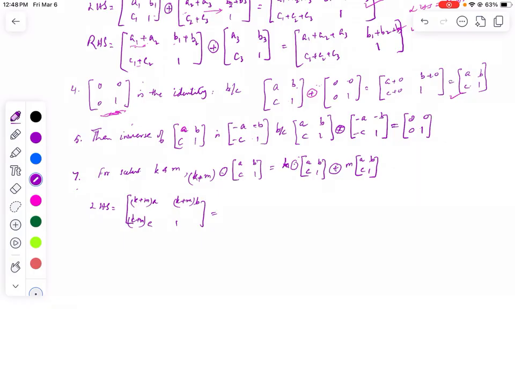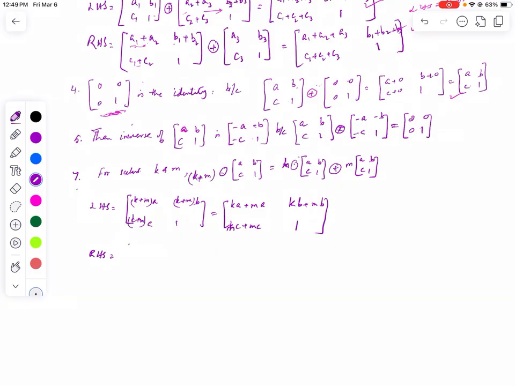I can distribute inside and we get ka plus ma, and here I get kb plus mb, kc plus mc, and 1. I'll leave it here and we'll look at the right hand side.